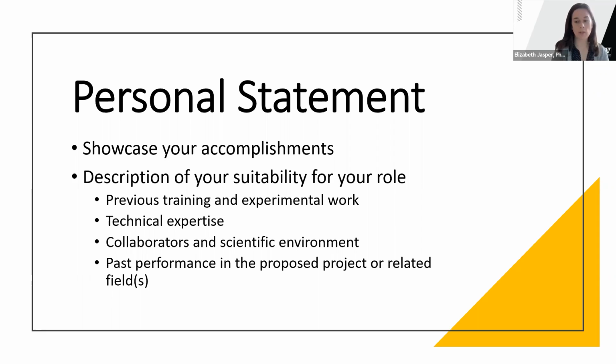And then finally, you want to include your past performance in this or related fields, including ongoing or completed research projects from the past 3 years. And again, this is where you can now include your support or grants that used to be under section D.